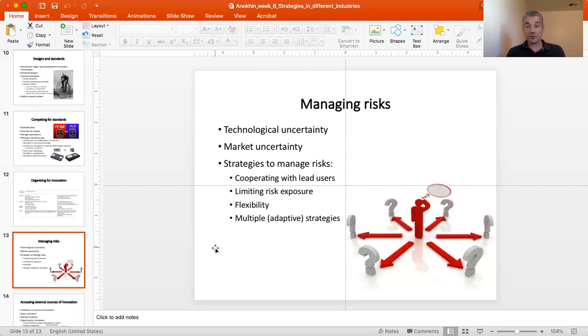You also try to limit risk exposure, financial risk exposure at least, by keeping your investments to a minimum. For that reason, many large companies, rather than doing all the R&D themselves, start investing in small startups with potentially interesting technologies, right?